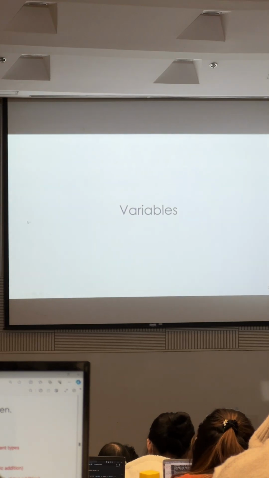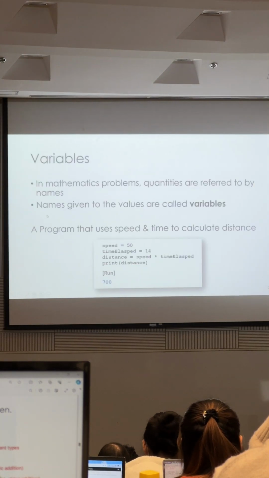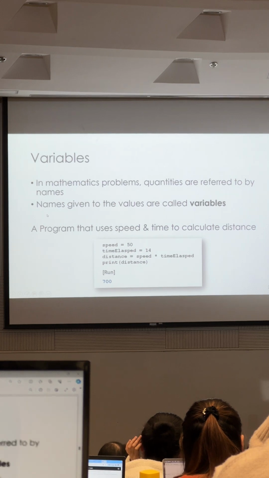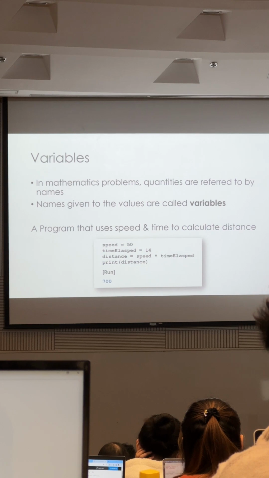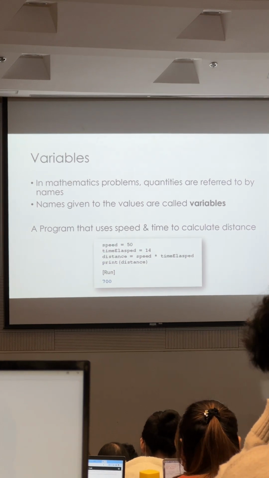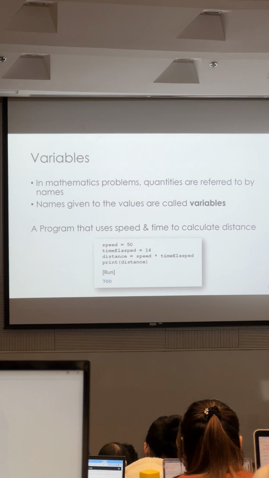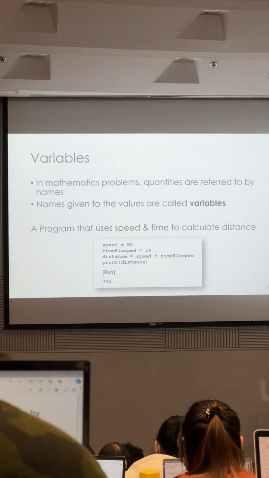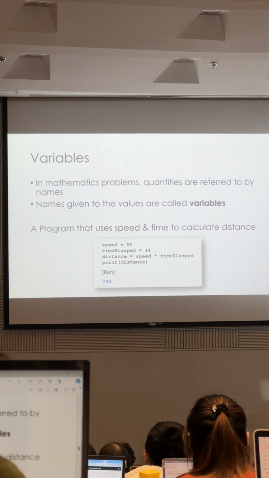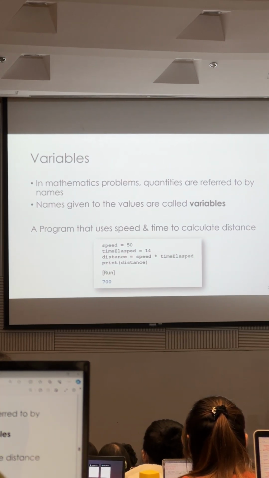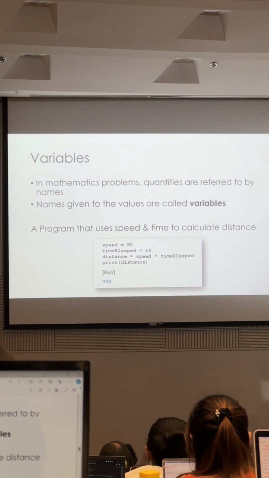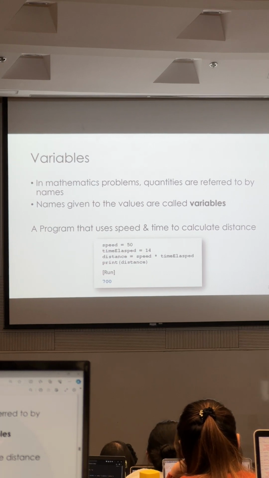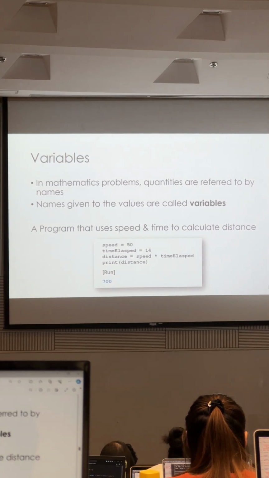Alright, so now I want to introduce you to variables. In mathematics problems, quantities are referred to by names, and names given to the values are called variables. This is an example using speed and time to calculate distance. First, speed equals 50, and then it assigns the value of 40 to time. Then it assigns the value of speed times time to distance, and in the end it prints the distance. Okay.